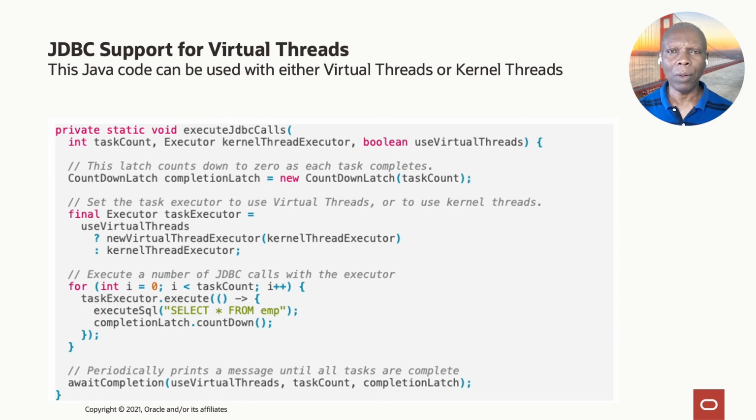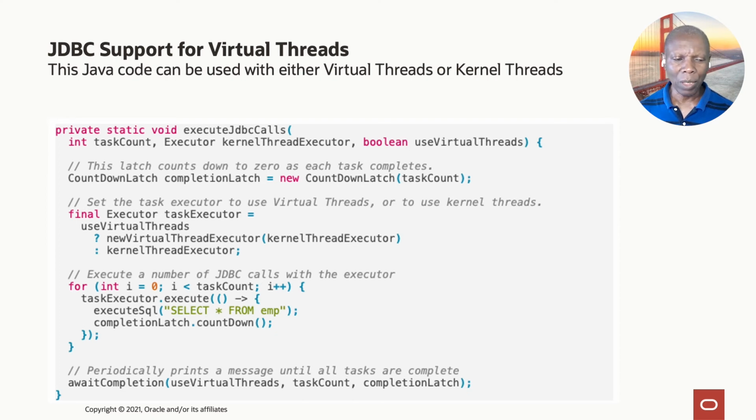So with that in place, we take this Java code. This Java code can be executed using either kernel thread or virtual thread, depending on what we specify in use virtual thread, which is a Boolean. Depending on the value of this Boolean, we will execute using the new virtual thread executor that was defined in the previous slide, or we just execute directly on the kernel thread, right?